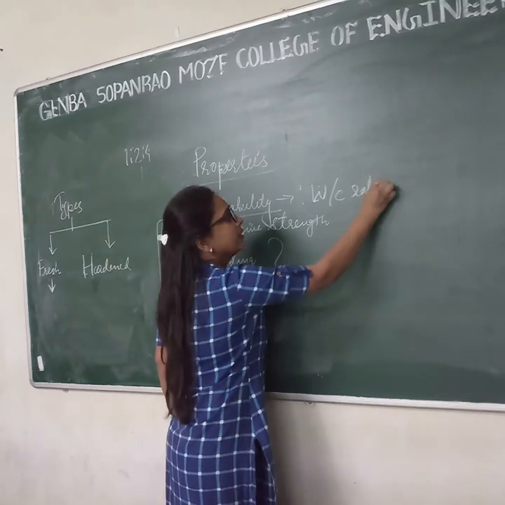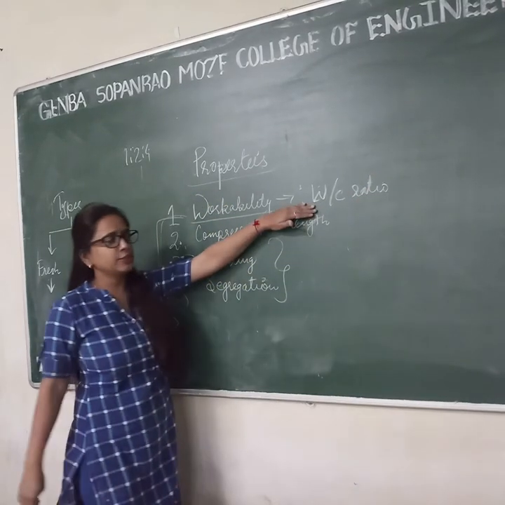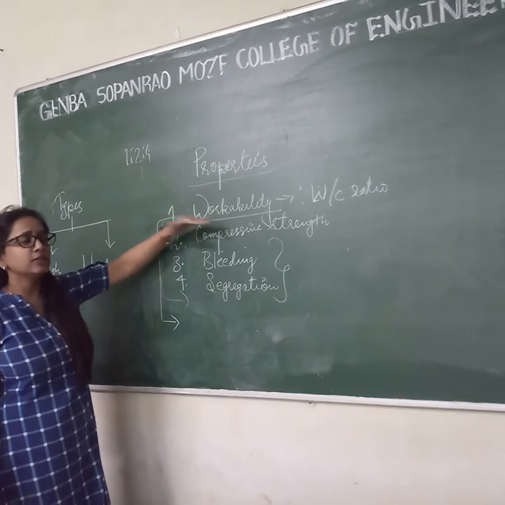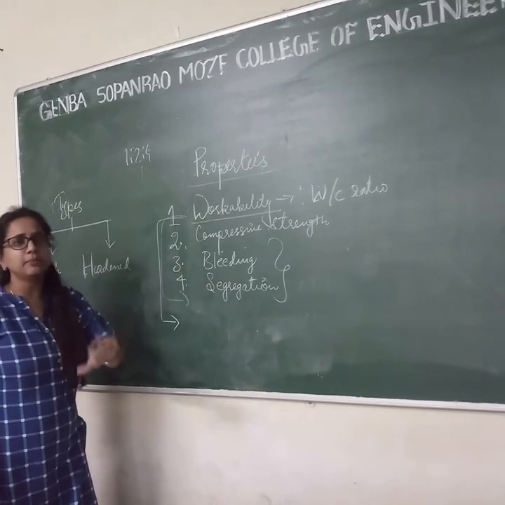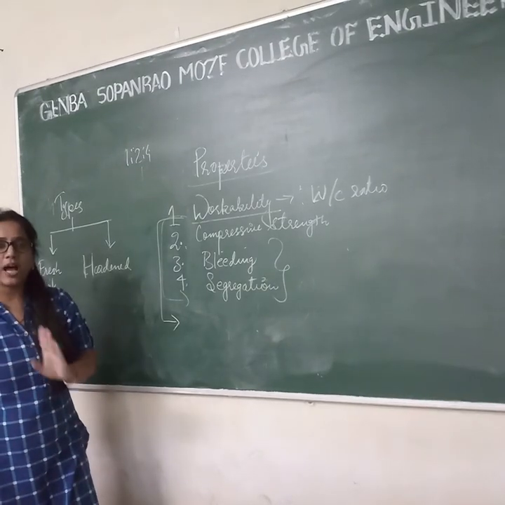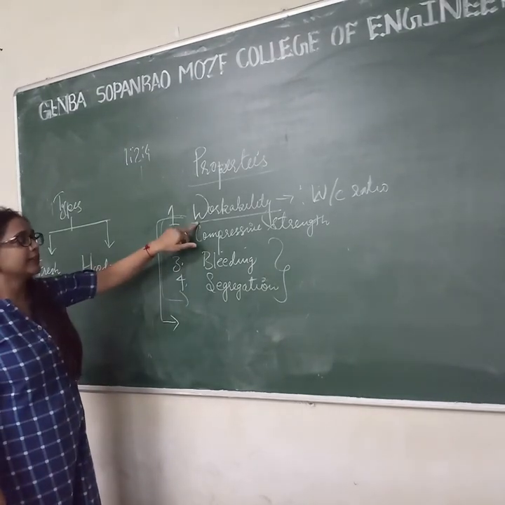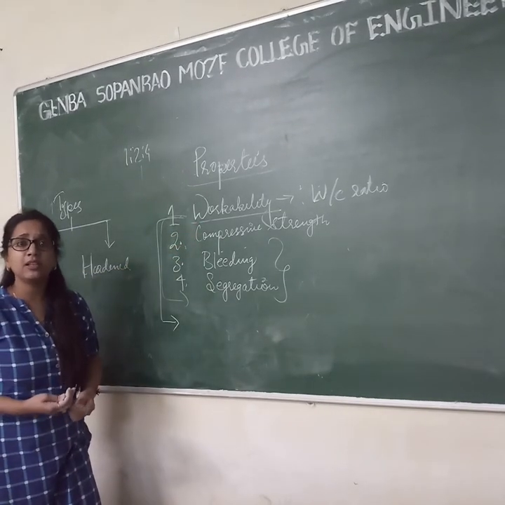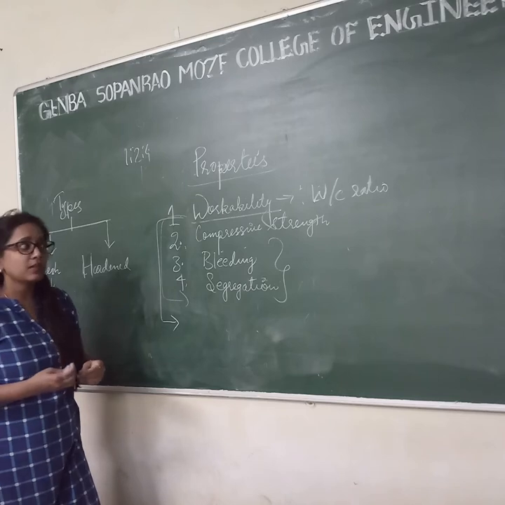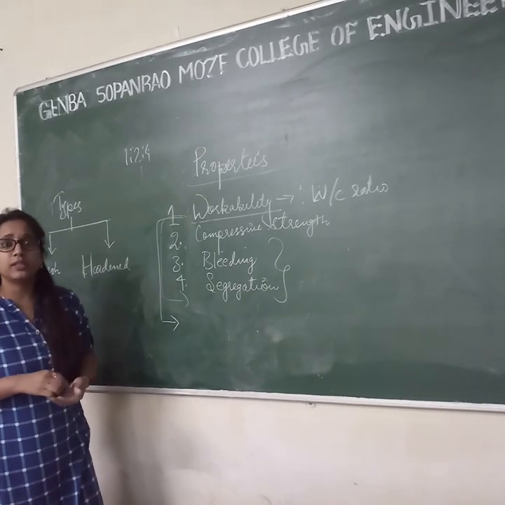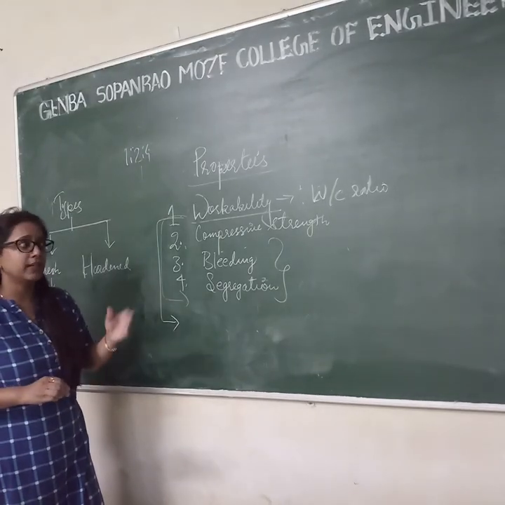Water cement ratio is the most important factor that affects workability. That is the amount of water to the cement, and this will be according to the Indian Standard code, the IS code. Then the quality of the material you are using, and the formwork you are placing, so there should be no leakage from that.